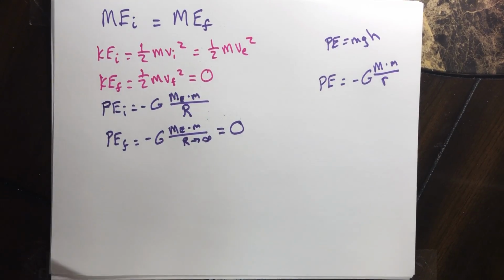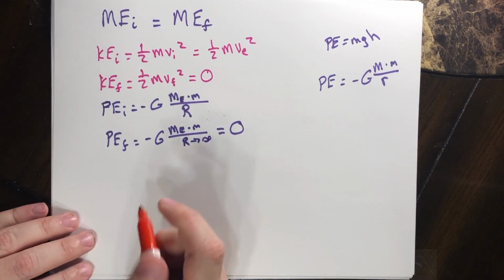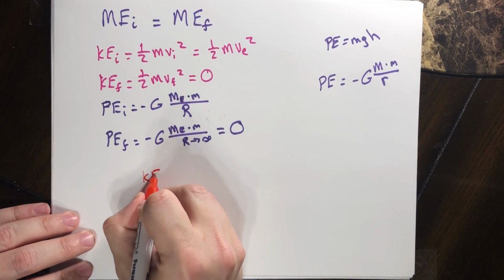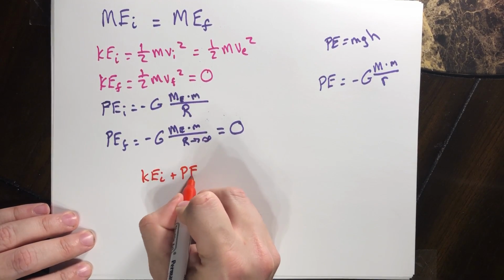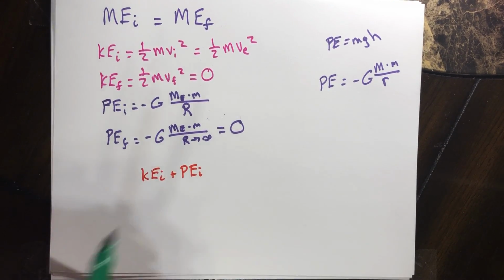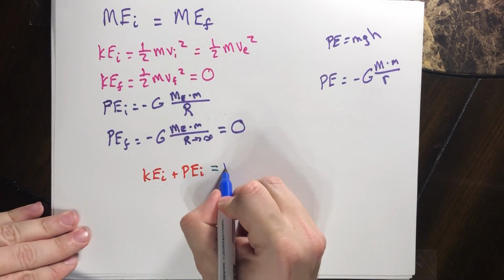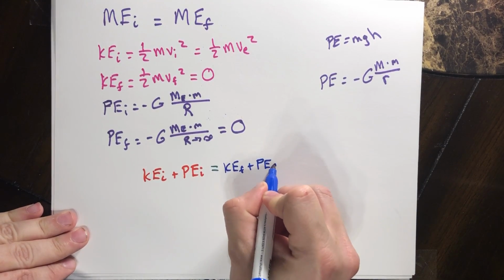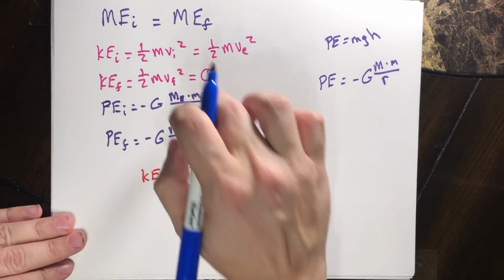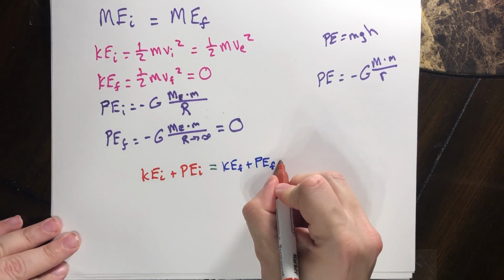Okay? So again, now we've got to put it all together. In order to do that, we're just going to do kinetic energy initial plus potential energy initial equals, and we'll do our finals, kinetic energy final plus potential energy final. But if you don't remember, both of our final kinetic and potential energies are 0, so that just equals 0.